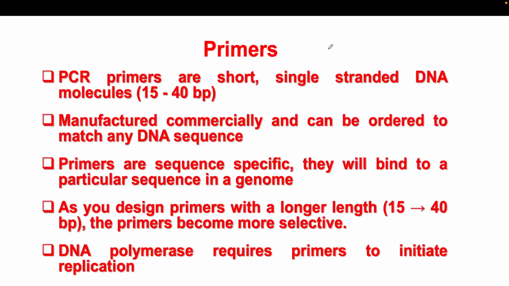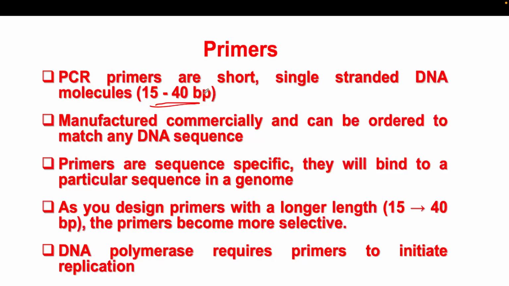Then for any successful PCR reaction, firstly your primer is the major concern. Okay, while designing the primer there are certain considerations you have to consider. First one is that primers are short single stranded DNA molecules. Okay, it is around 15 to 40 base pair long.